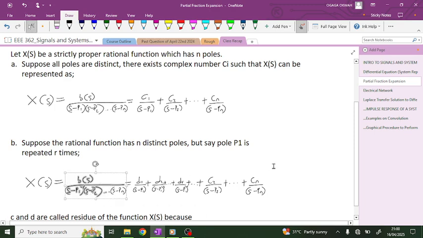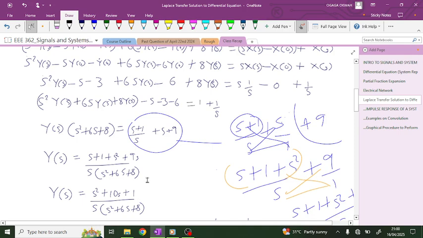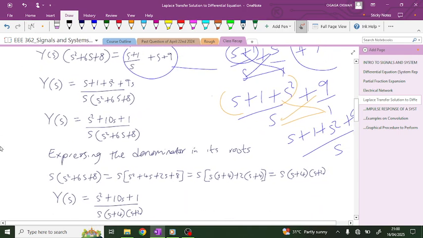Okay, so we want to express the denominator as roots. Looking at this guy already, this one is one root already. So we want to express what we have inside in terms of roots. I just pick only the denominator now. S, I leave it alone. What is inside S? We now say S squared plus 6S plus 8.